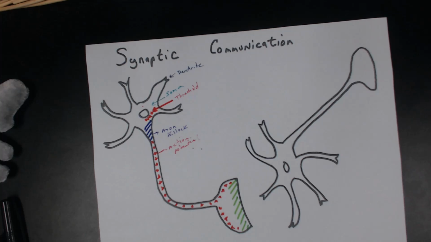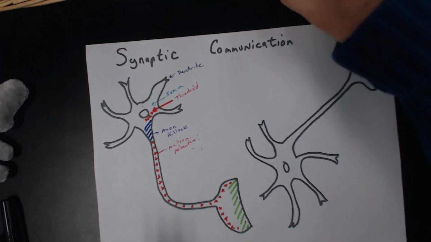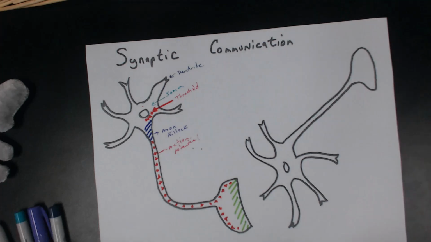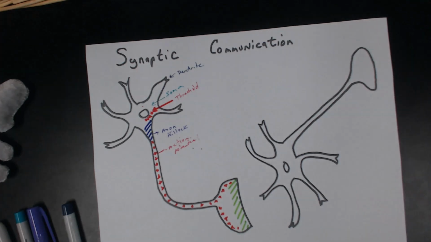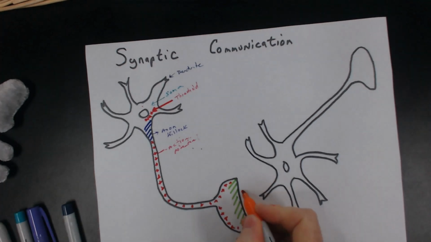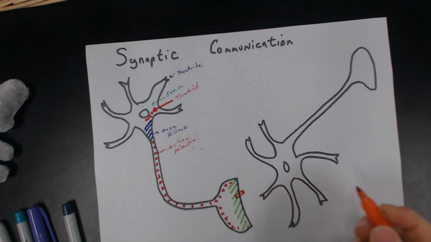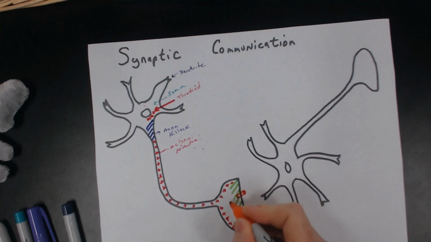When that action potential reaches the axon terminal, does anyone know what happens? Yeah, but something happens to cause the release of neurotransmitters. Here what happens, I'll put it in orange, is that a special kind of channel opens. This is a calcium channel.